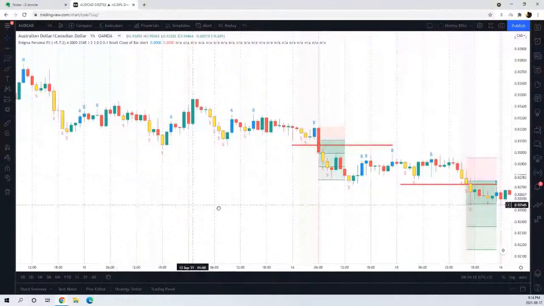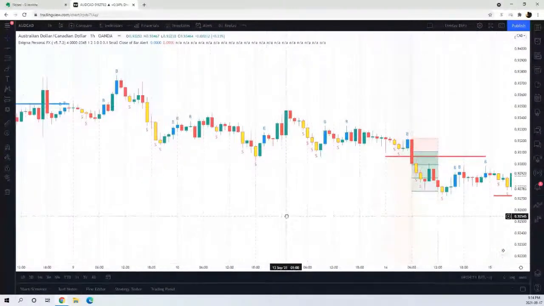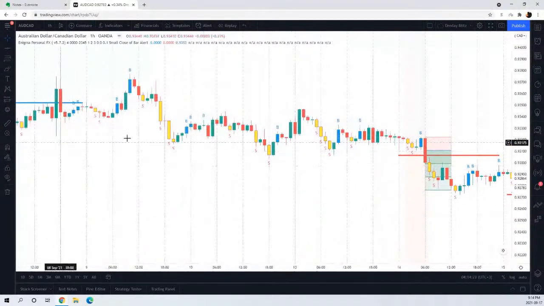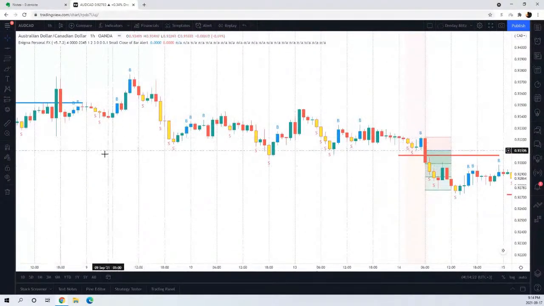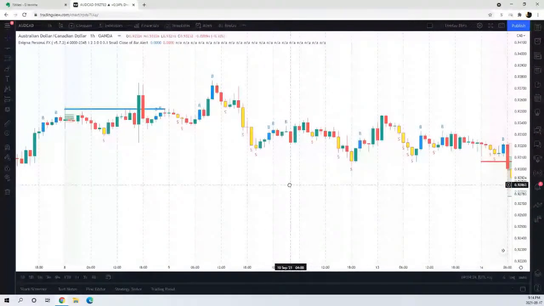So if you want to get, like I said, that system, the system unfortunately is not for sale. It's only the signals that are for sale. So you won't have access to have it on TradingView here.